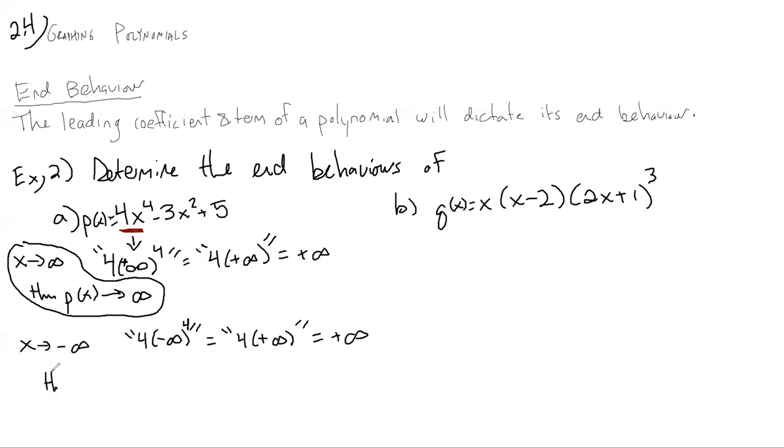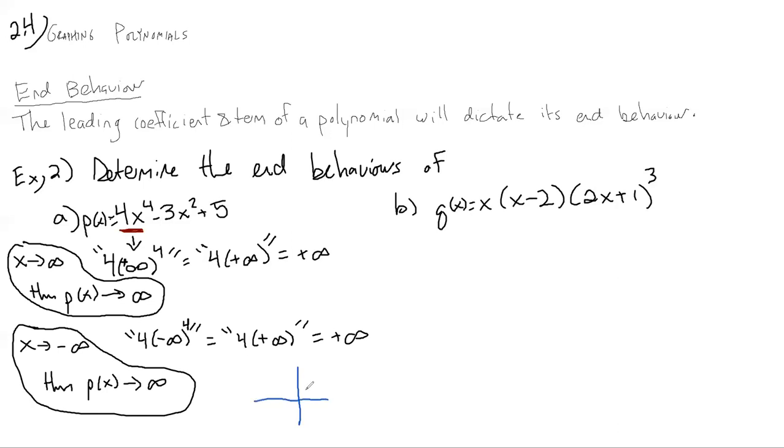And so we can say p of x also goes to infinity. And so what that tells us is that on both sides of the graph, if we were to try to draw this, we don't know what goes on in the middle, but on both the left and right, it's going upwards. And then we use other tools to figure out the middle.